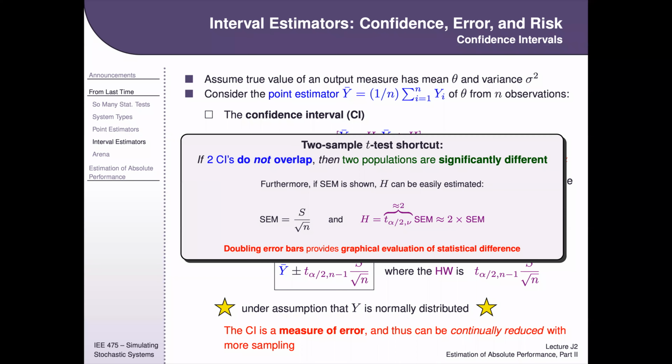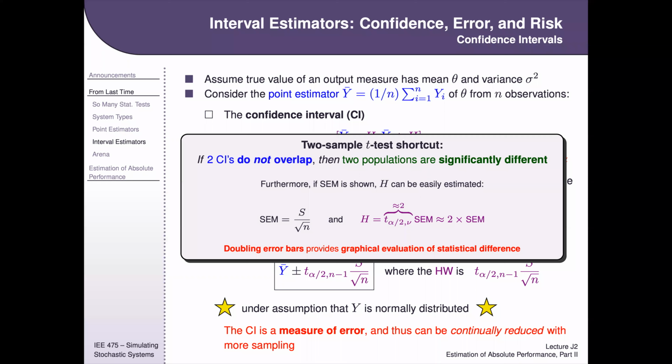Now, for a 0.05 alpha level, the critical t-value for a high degree of freedom, so with a lot of data, is about 2. That number, 1.96, I said you should probably remember. That is basically the critical t-value when alpha is 0.05 and the degrees of freedom, so the number of data, is more than 20 or something like that. It ends up converging to about 1.96. And so basically you double the standard error.